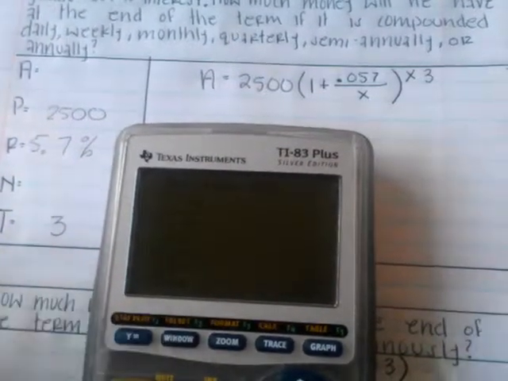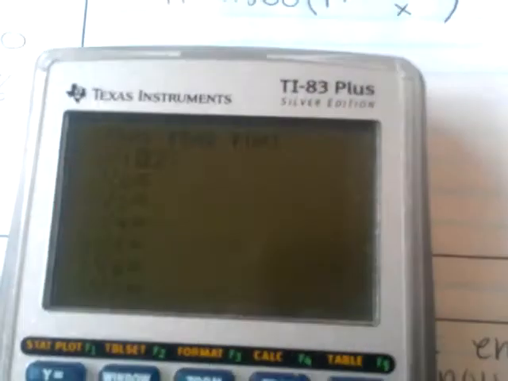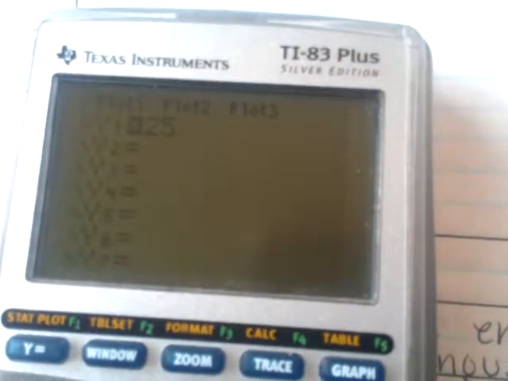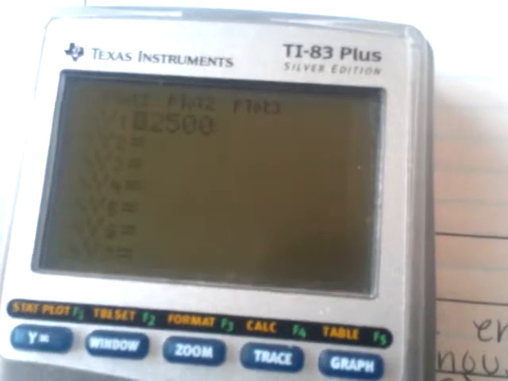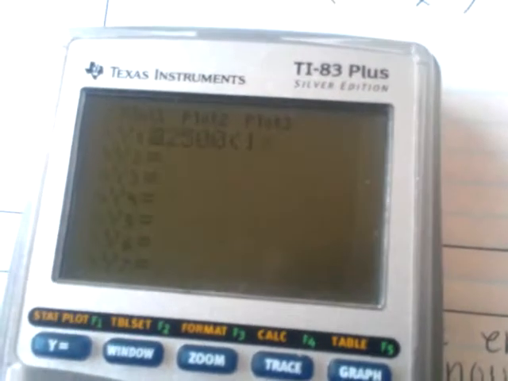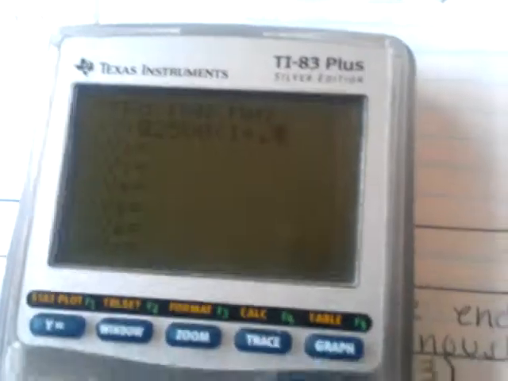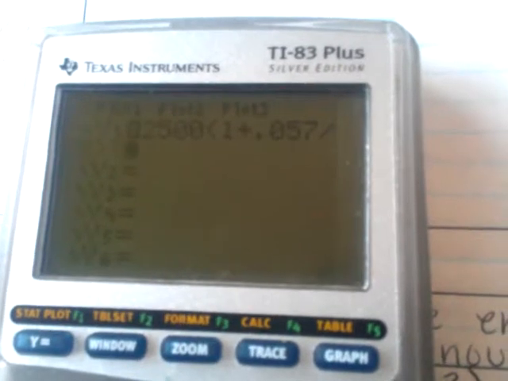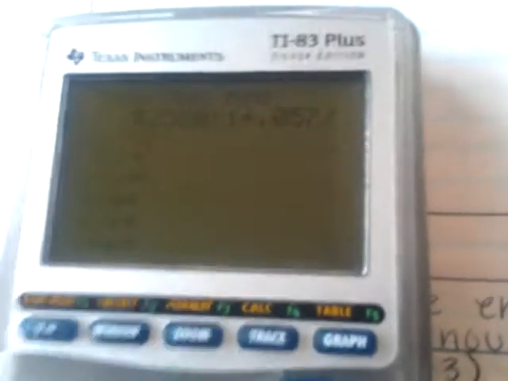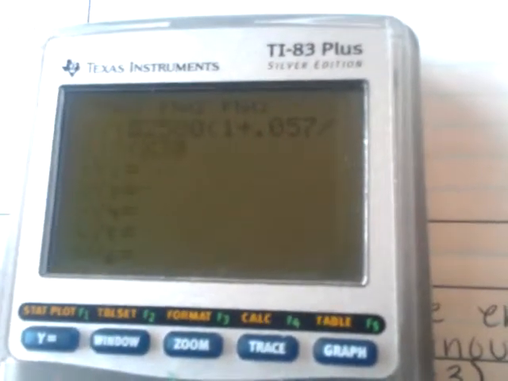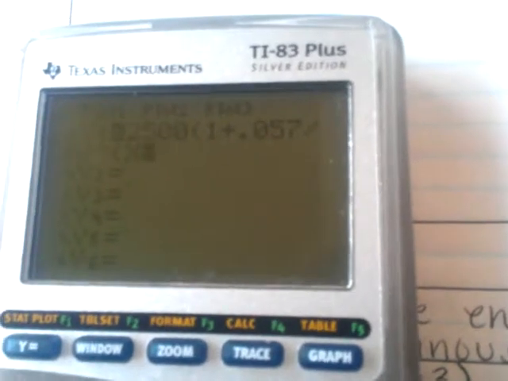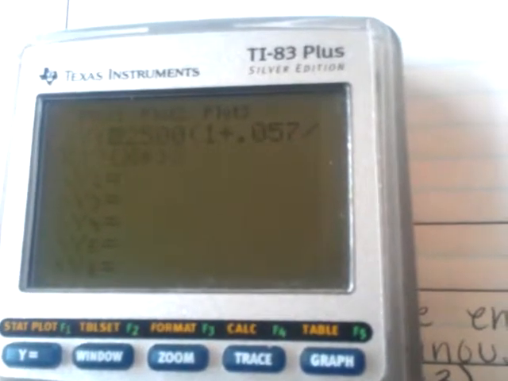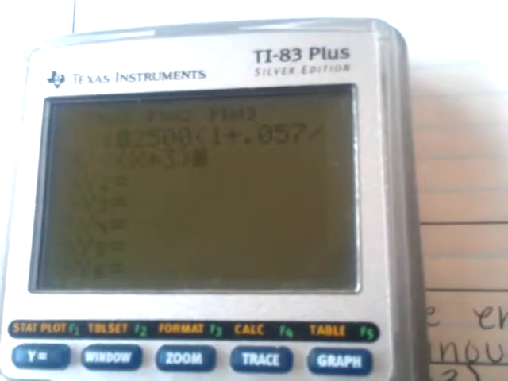But first, y equals 2,500 parentheses 1 plus 0.057 divided by x, close parentheses, to the power of parentheses x times 3, close. Hit graph.